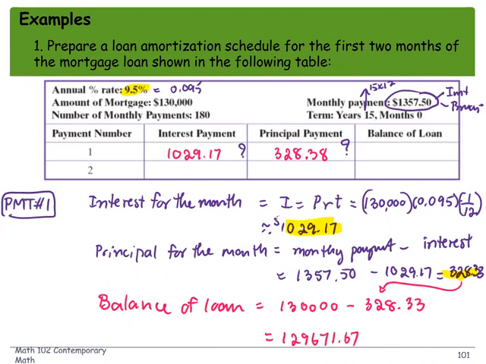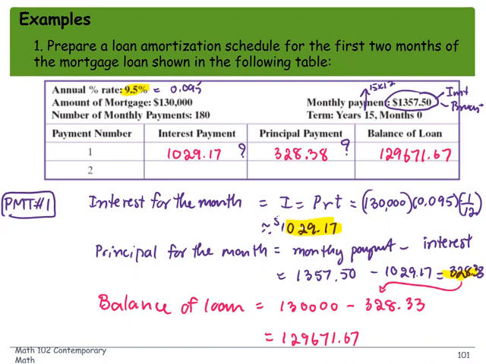We put it at the end of the row: 129,671.67. So this is for the first payment, and we complete the first month of the amortization schedule.